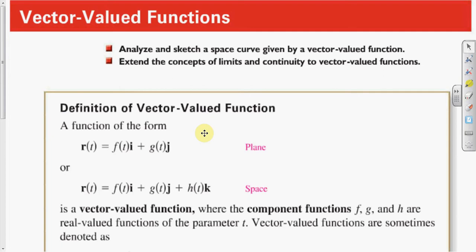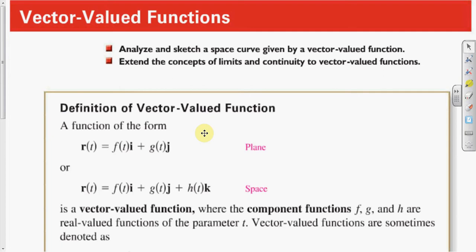The name vector valued here, denoting the i, j, and the k, and those positions give us some type of vector notation. And then the functions would be f of t, g of t, and h of t. So you think about f, g, and h as Math 112 or Calculus 1.